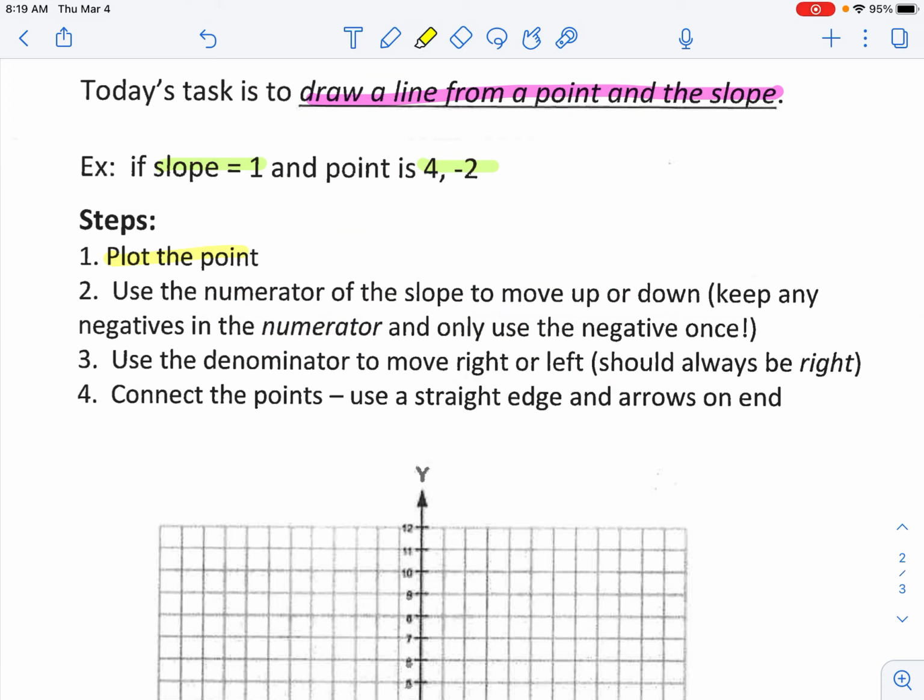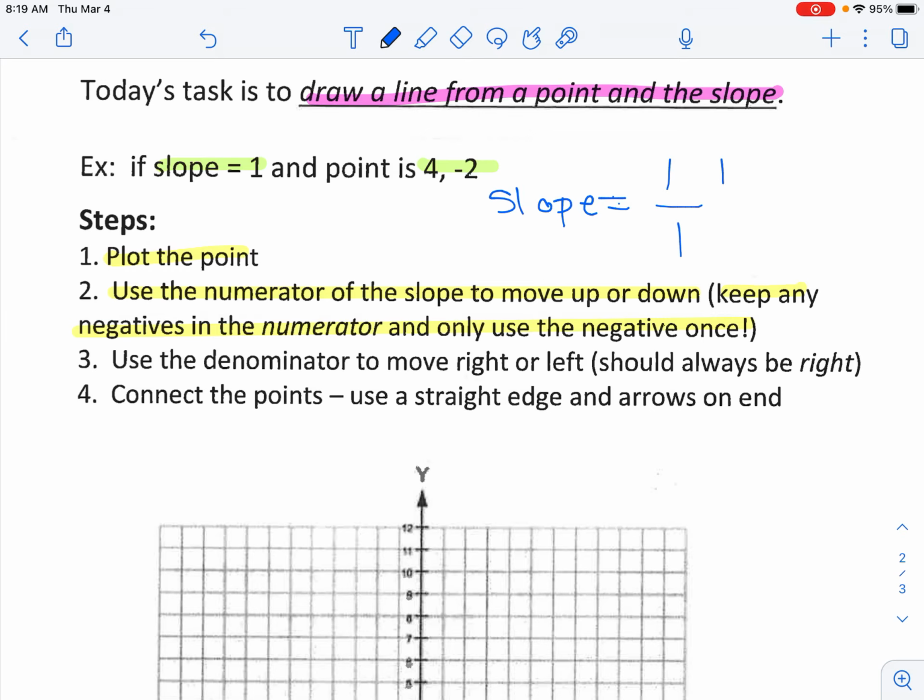Step number 2, use the numerator of the slope to move up or down. Keep any negatives in the numerator and only use the negative once. Let me read that again. Use the numerator of the slope. So when I'm doing this from a point, I like to actually write the slope. If the slope equals 1, then I like to put that over the number 1.